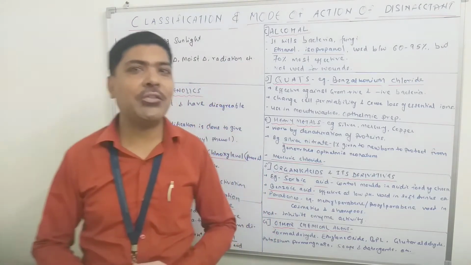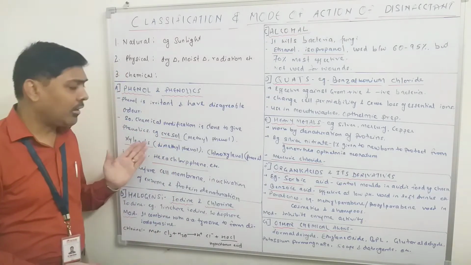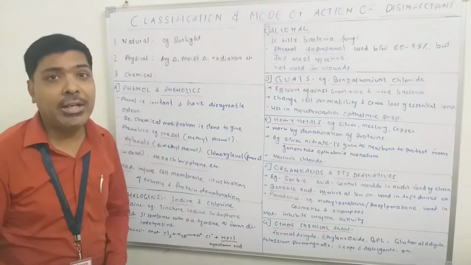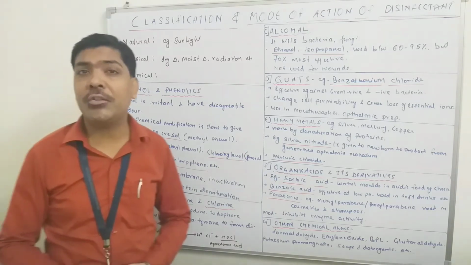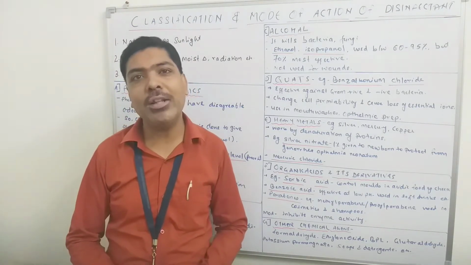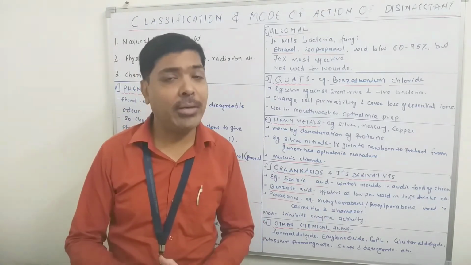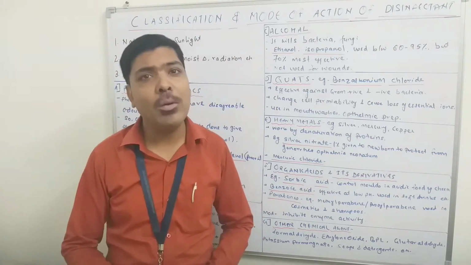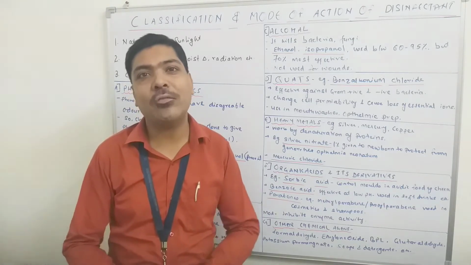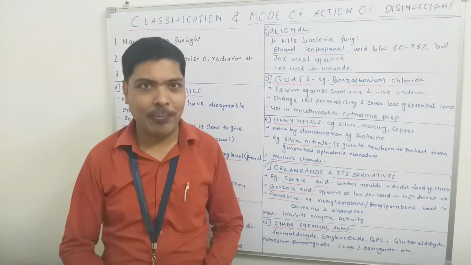Different classes of phenolics are available in the market, for example cresol, which is available in a very famous preparation called Lysol. Lysol is actually cresol with soap solution. We add the cresol and make a unified solution with the soap, and because of the presence of the soap, the wetting property of Lysol is increased.